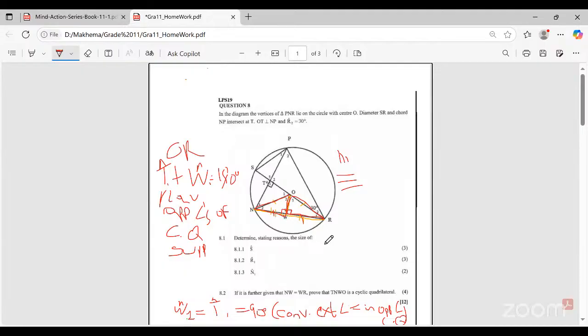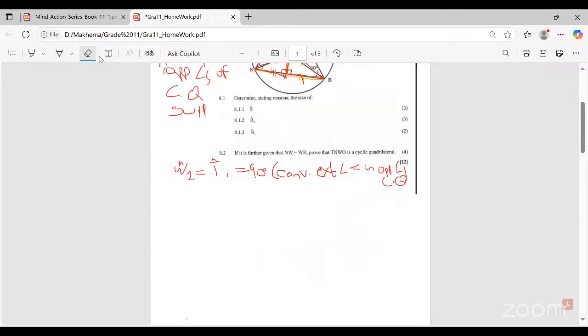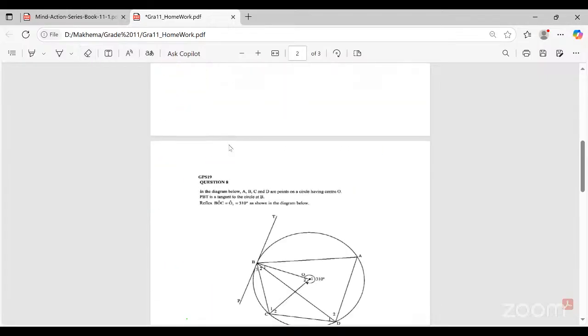Do you all understand what we did in this question? I assume you guys understand, because I gave everyone permission to just shout out if you don't understand something. We can quickly move to the next question.